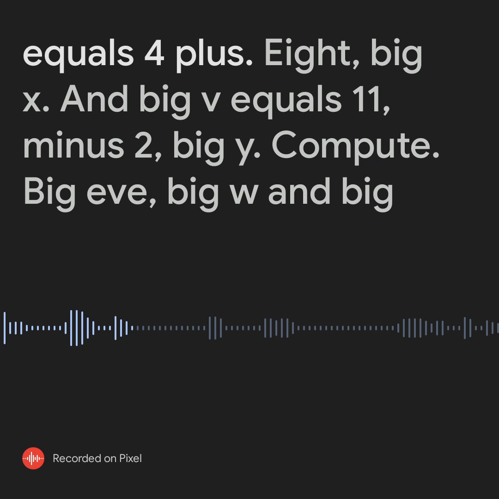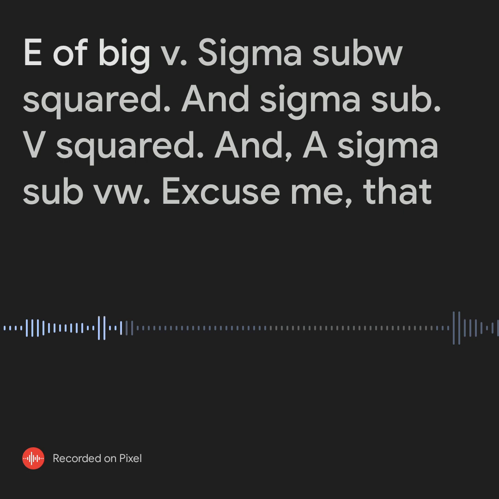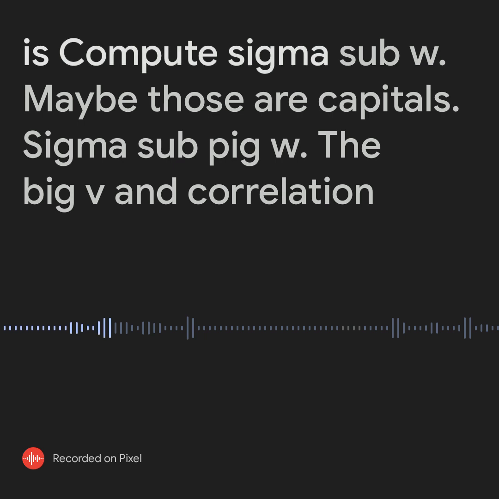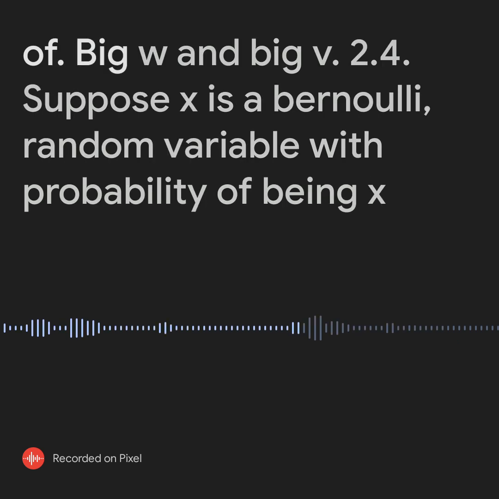Big W equals 4 plus 8 big X, and big V equals 11 minus 2 big Y. Compute big E of big W and big E of big V, sigma sub W squared and sigma sub V squared, and sigma sub big W, big V, and correlation of big W and big V.